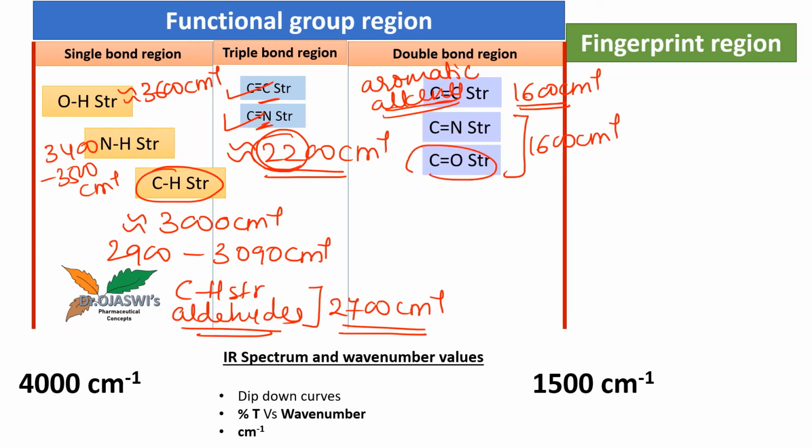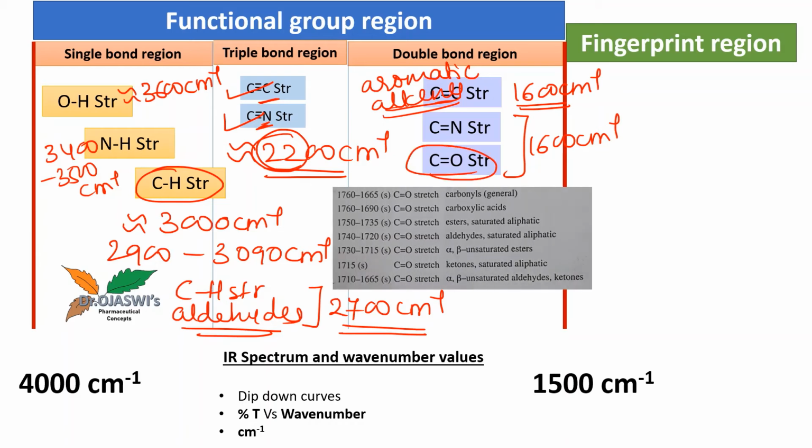To be very specific for C double bond O stretching, you can see in this chart that C double bond O appears in carboxylic acids, esters, aldehydes, and ketones. Whatever is the neighborhood of this C double bond O, that is the carbonyl group, depending on that we get a peak at a particular wave number.